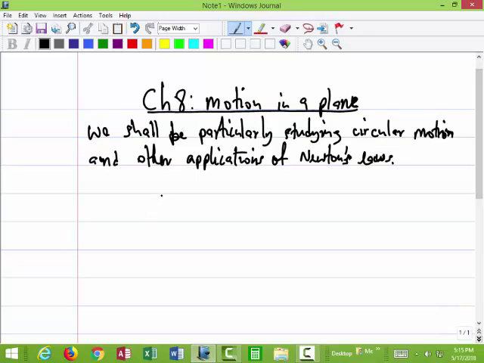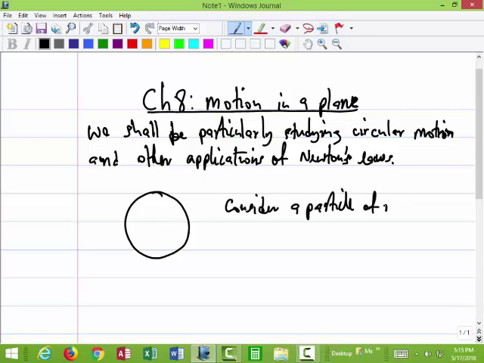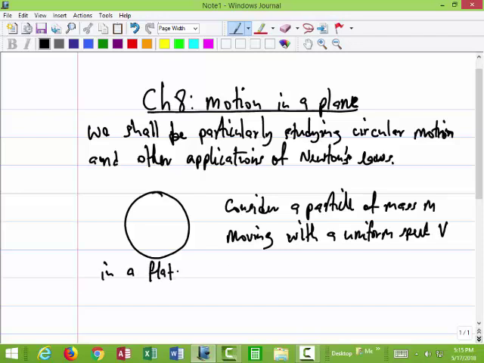Suppose we have a particle moving in a plane, a flat plane, in a circular path. Let's consider a particle of mass m moving with a uniform speed v in a flat circular path of radius r.